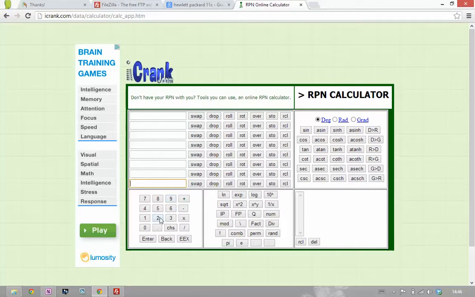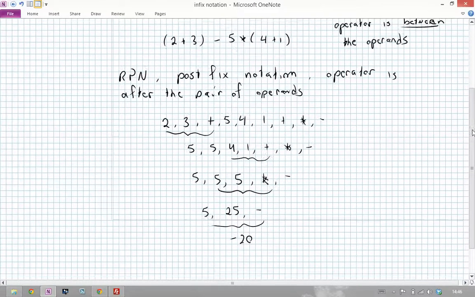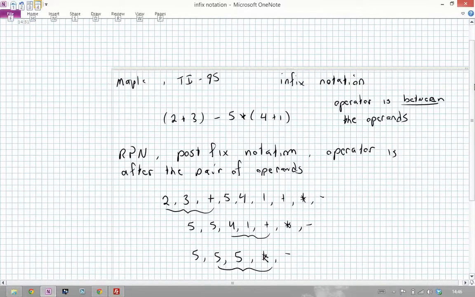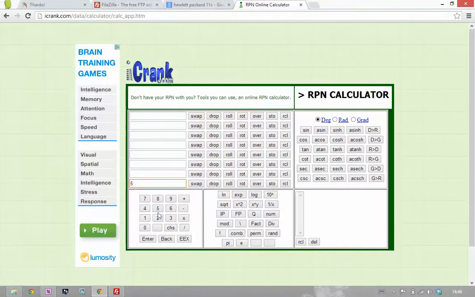Let's say I want to add 2 and 3. I do 2, enter, 3, and then I hit the plus sign here, and I get 5. I can do that earlier expression here. So I do 2 plus 3, I just did that one. And now I want to subtract 5 times 4 plus 1. So I do 4, enter, 1, enter.